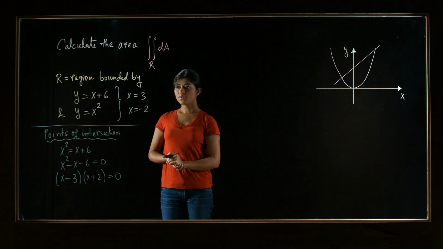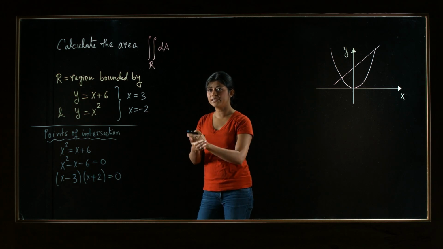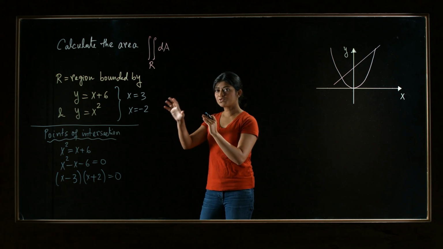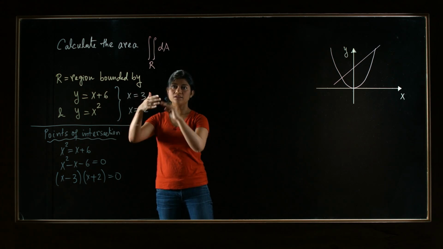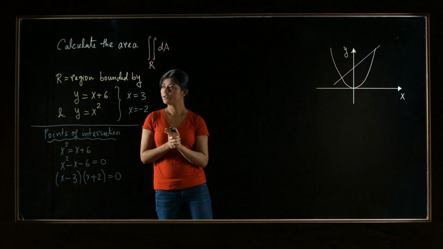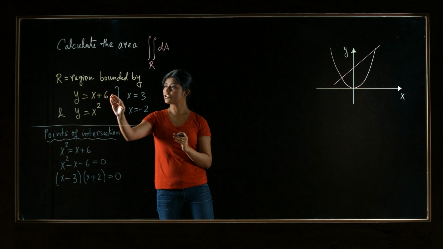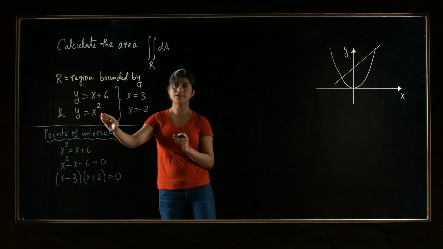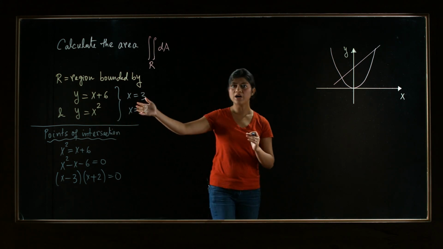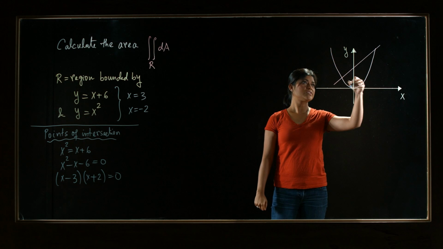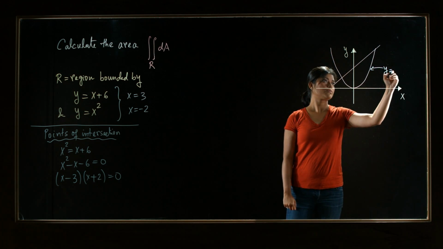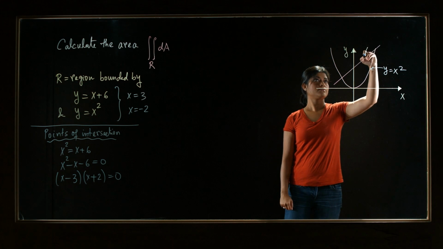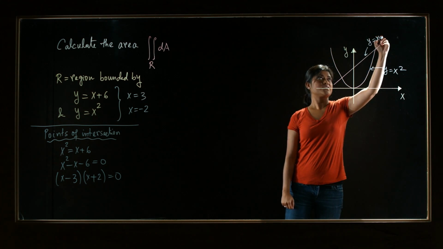Now that we know where the curves intersect, the best way to understand the region is drawing the curves, and then we will see what area we have to calculate. Now notice that the first curve is a line and the second one is a parabola, and we all know how they look. So this is your x squared, y equals x squared right here, and the line is y equals x plus 6.